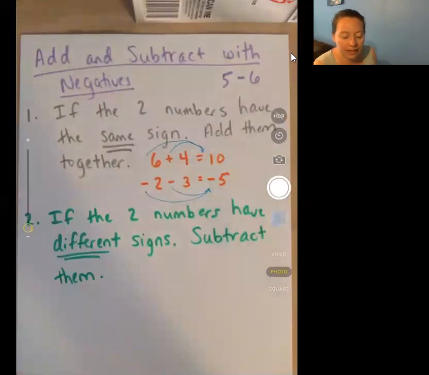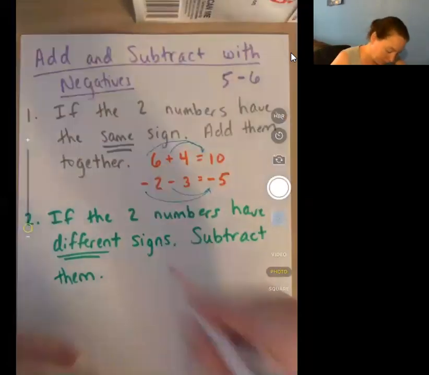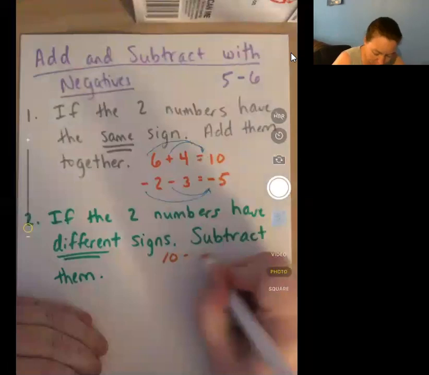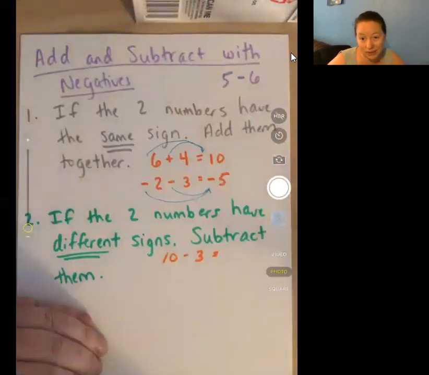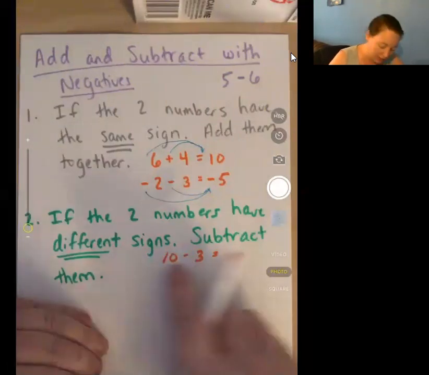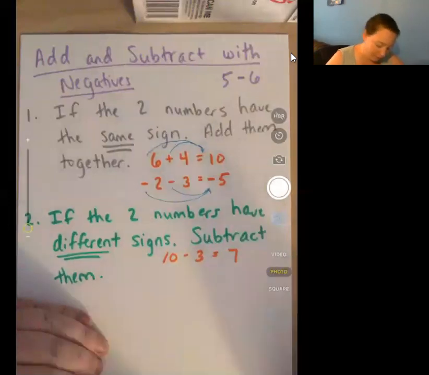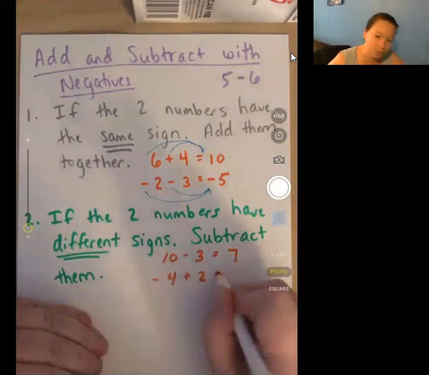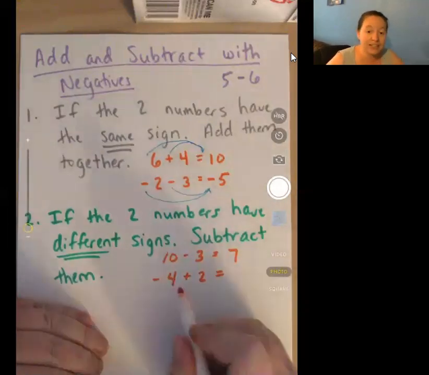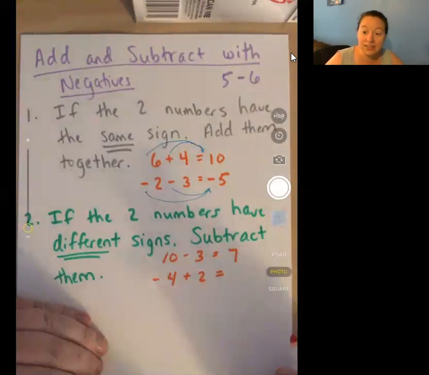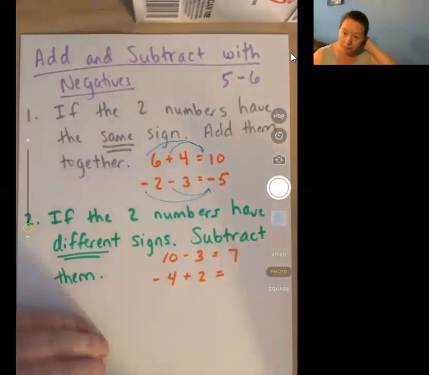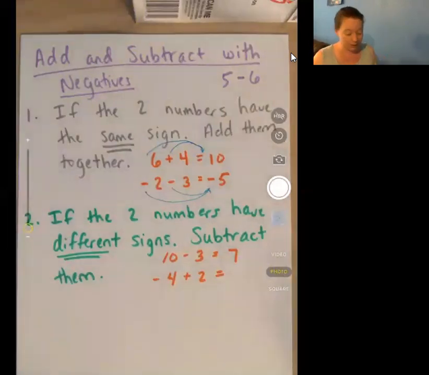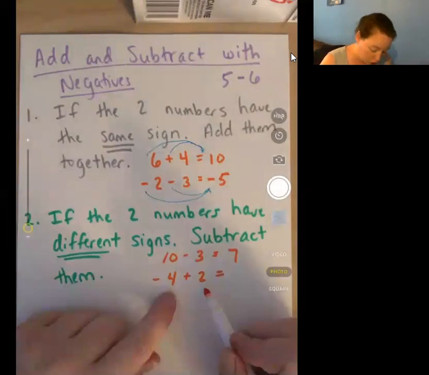So if I have a 10 minus 3, different signs, positive, negative. So 10 minus 3 is 7. If I have a -4 plus 2, negative, positive, different signs. Find the difference. So I have subtract, but I generally use difference when I'm talking about it because different and difference go together. 4 minus 2 is 2.